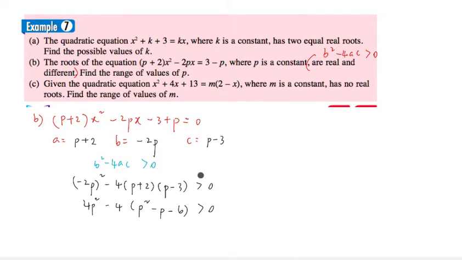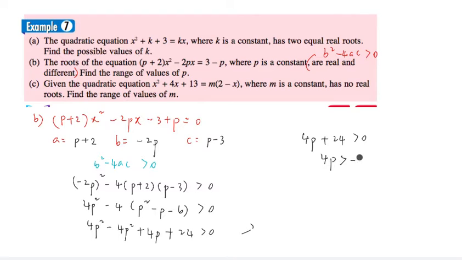This one just copy down first. Now 4p squared minus 4p squared, no more, they cancel. Then negative, negative, positive: 4 multiply p. Negative, negative, positive: 4 times 6, 24. More than 0. Now we have 4p plus 24 more than 0.